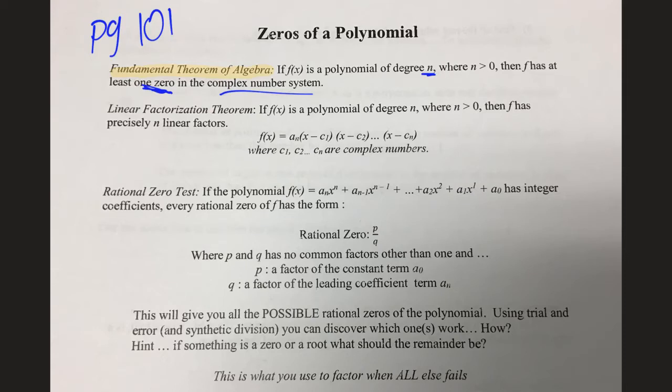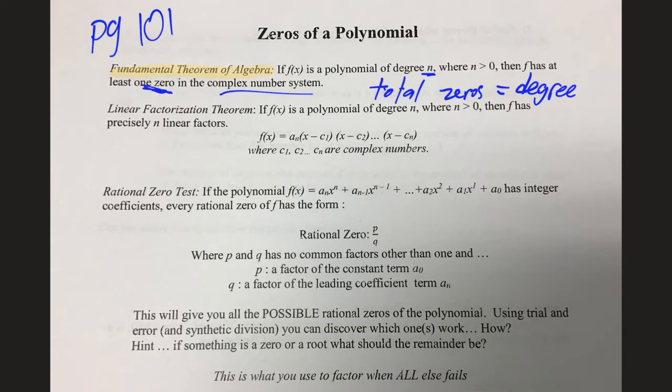And you can just remember that the total zeros is always equal to the degree. So your real and your imaginary zeros total up to be the degree. Now, that's not necessarily the unique zeros, so some of them may be repeats, so it doesn't show up so nicely, but overall, we know that the degree is equal to the number of zeros that you'd run into in the complex number system.